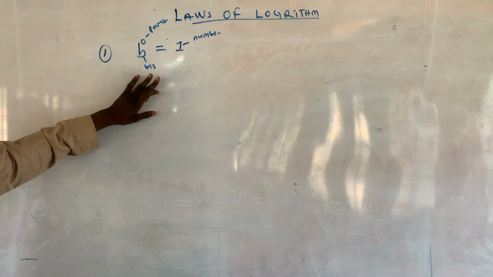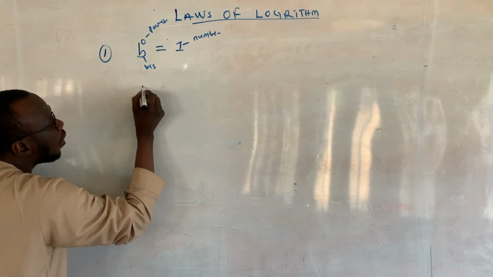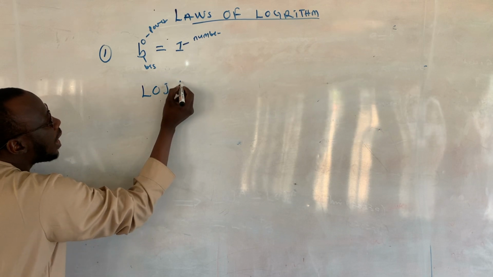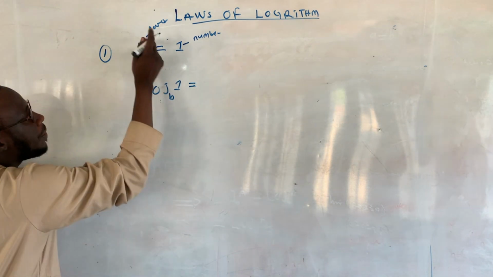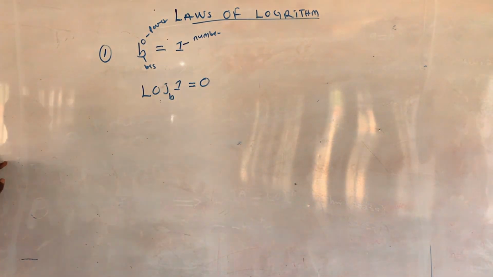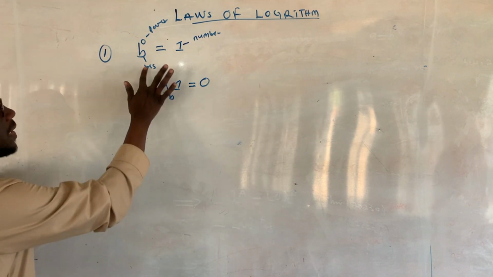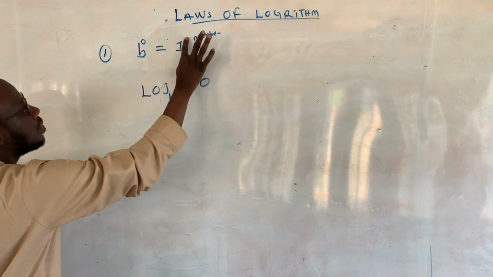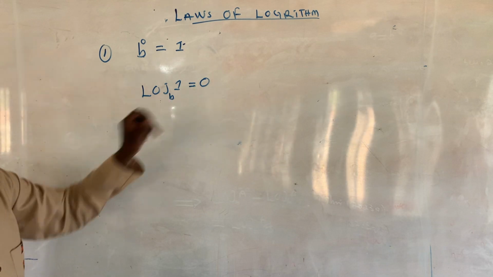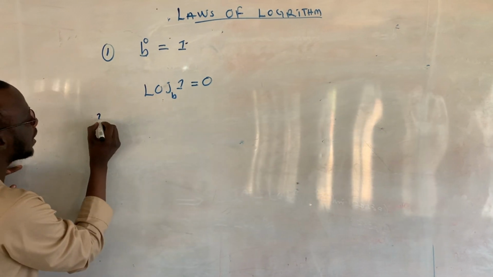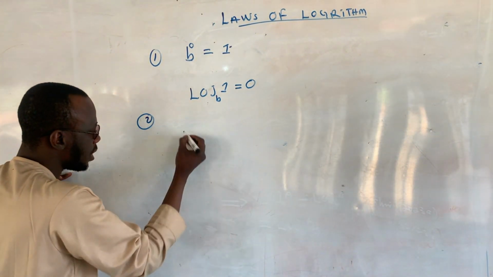From here, you can see that log of our number, log 1 base B, is equal to 0. So please remember that whenever you come across something like this, the rule implies log 1 base B is equal to 0.